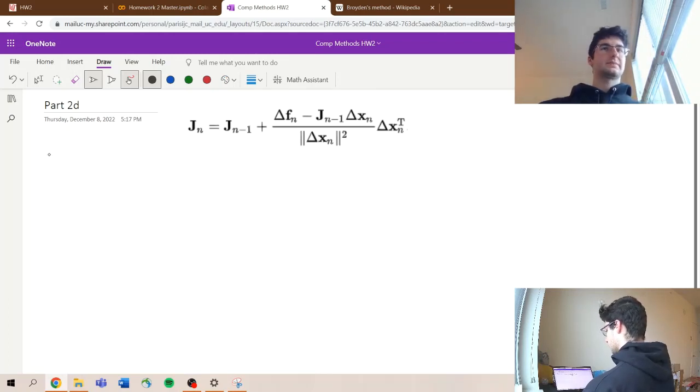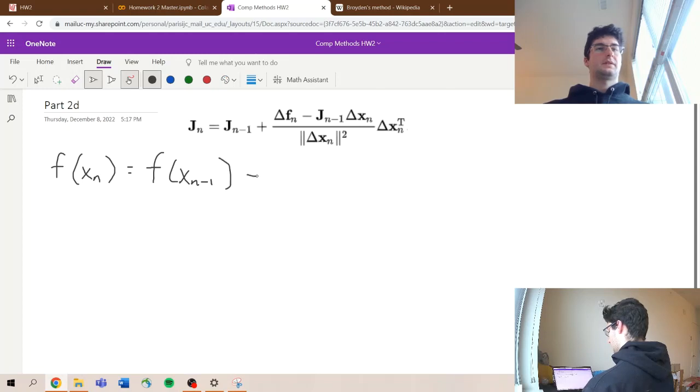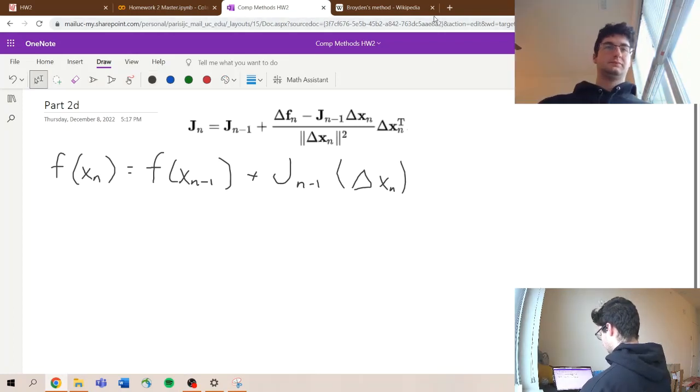First and foremost, we're going to talk about Newton's method. Newton's method stated that our f of x_n is equal to f of x_(n-1) plus J_(n-1), our Jacobian, times our delta x, the change in x, delta x_n.